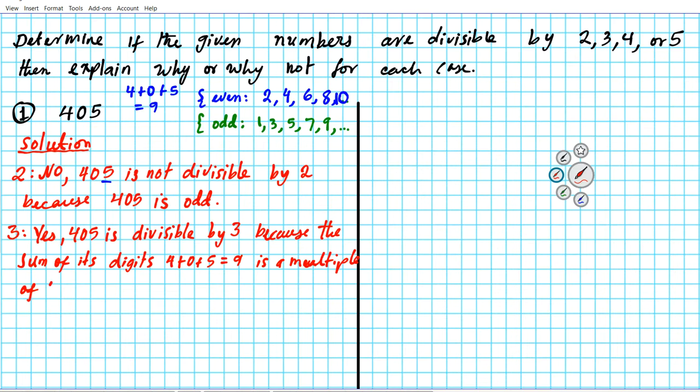Bam. There you go. Okay? Moving along. How about 4? Is 405 divisible by 4?